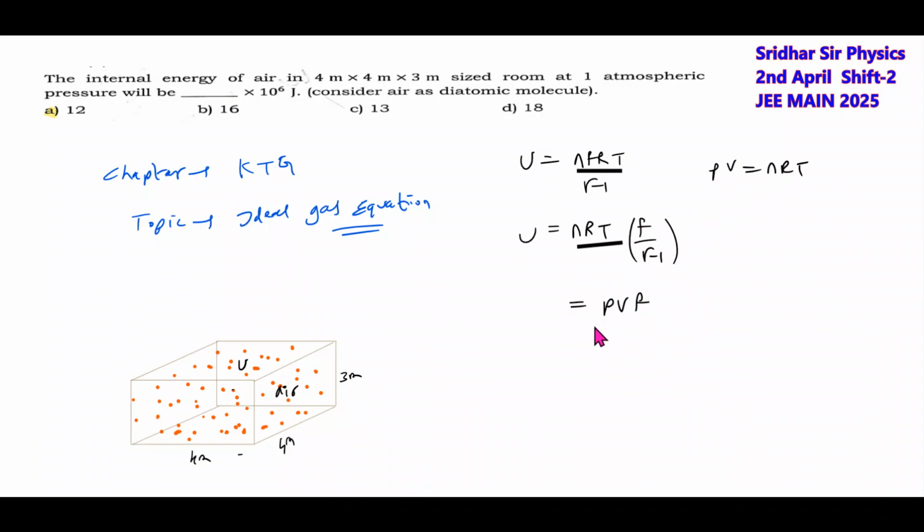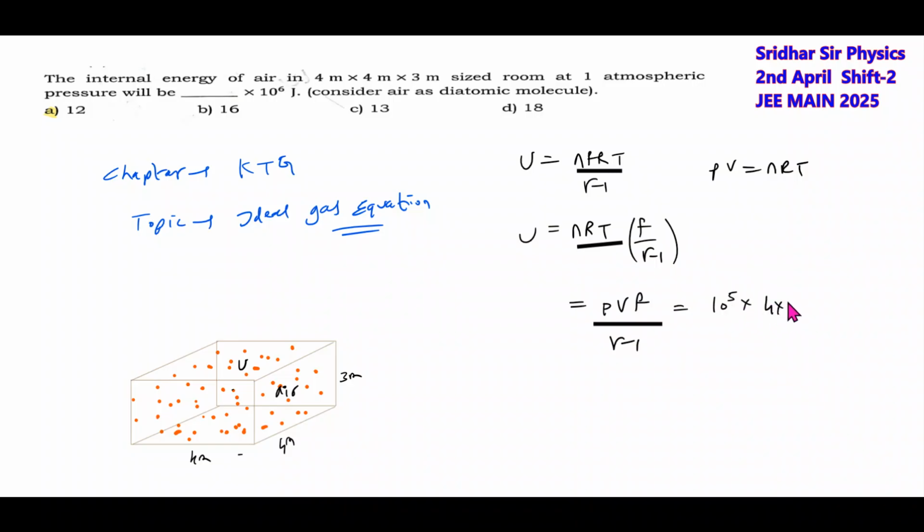So it is PV by (gamma minus 1). Pressure is 1 atmosphere. How much is 1 atmospheric pressure? 101 kilopascal, or approximately 10 to the power of 5 pascal.